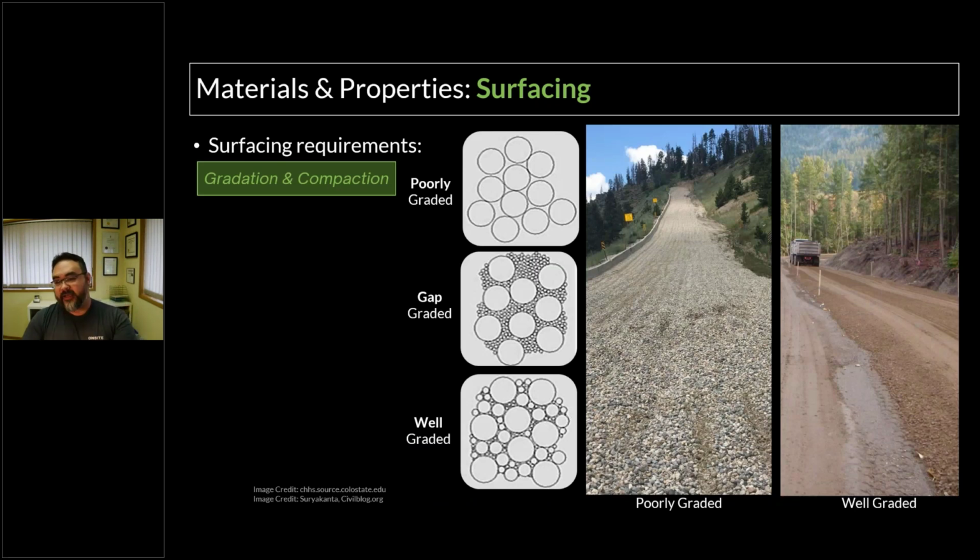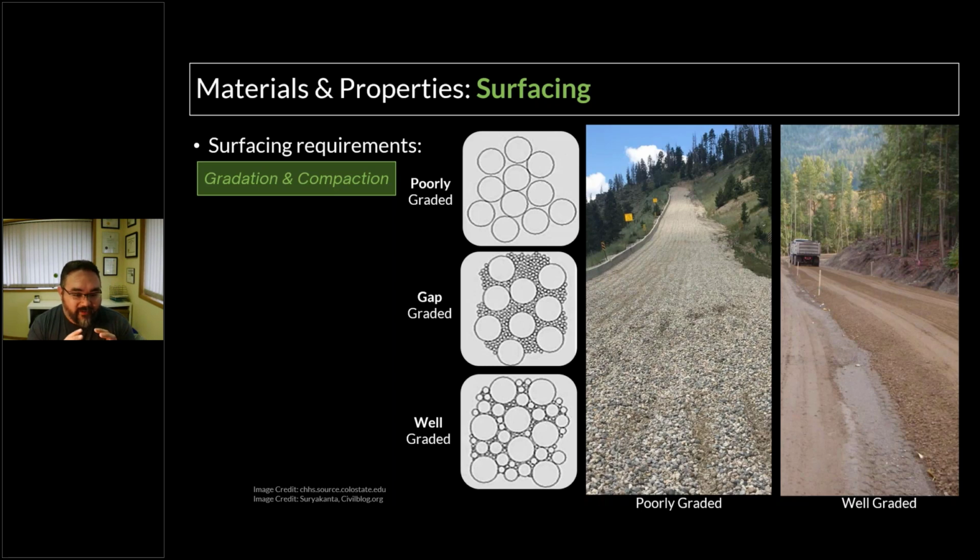So in our example here, a poorly graded material has, for example, stuff that's all the same size, and a gap graded material has a bunch of material of one size, then a big gap in size, and a bunch of material that's a different size. What we're looking for generally in surfacing is a well-graded material, something that has a bit of material in each grain size, because that locks together better in a matrix and holds its shape.